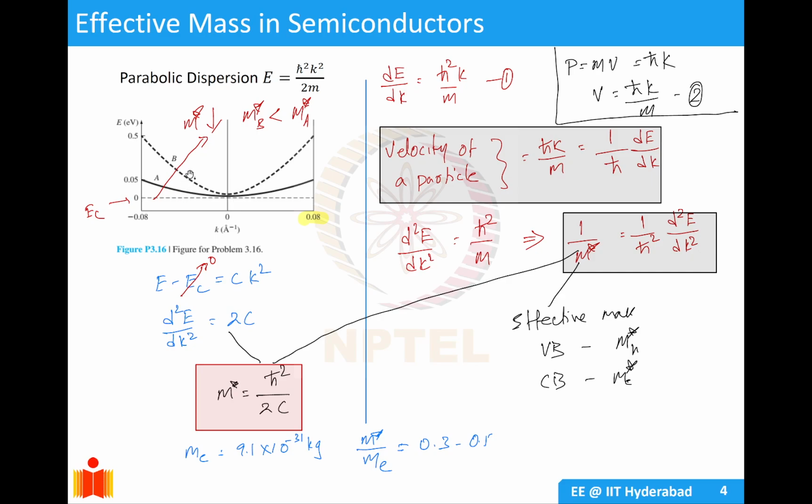So you can see here, the more the curvature of the parabola, the lesser will be the mass of the electron. The highest mass of electron will be for a perfectly flat band, and that is given as m naught, or 9.1 into 10 to the minus 31 kg.